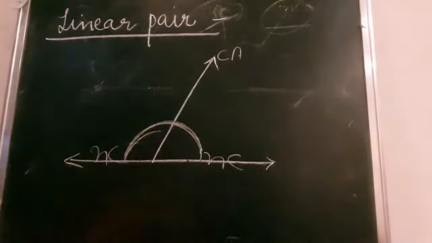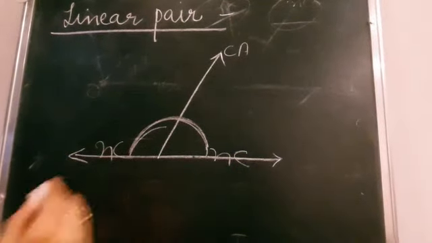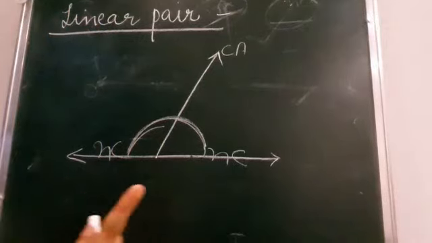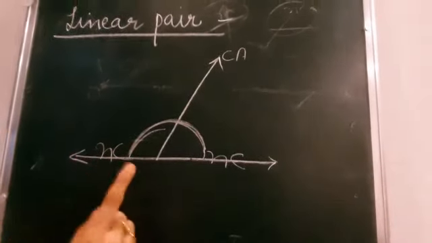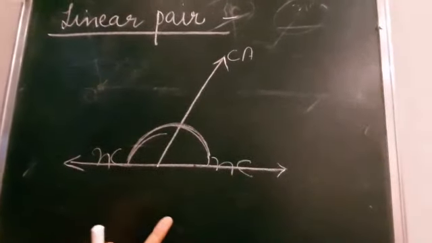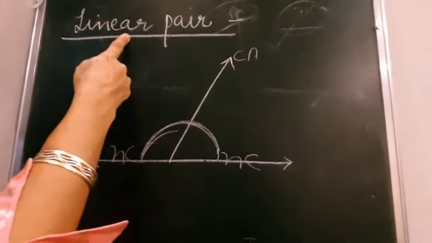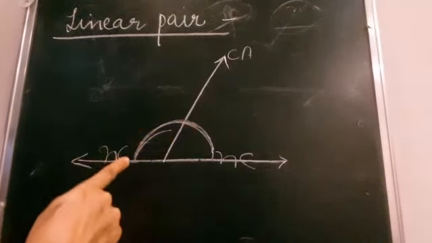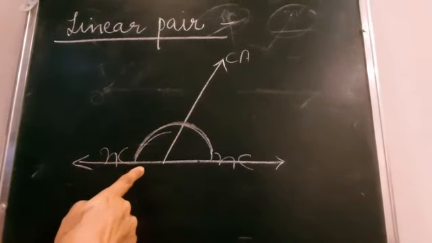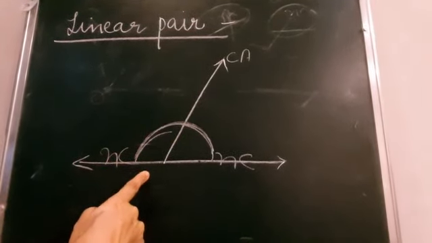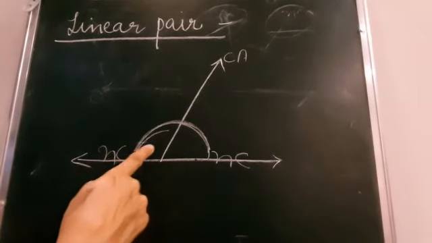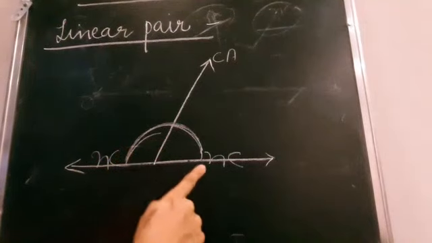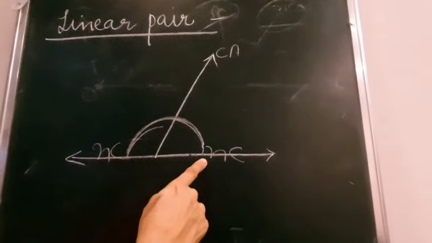Means when they are also supplementary, then the adjacent angles are called a linear pair. In adjacent angles, it was not a condition that they must be supplementary, but in a linear pair the condition is that they should be adjacent and their sum must be 180 also. So a linear pair is a pair of adjacent angles whose sum is supplementary.